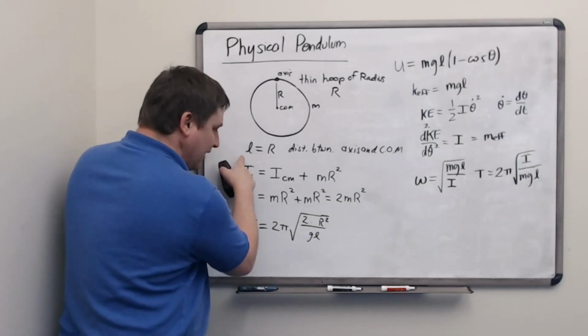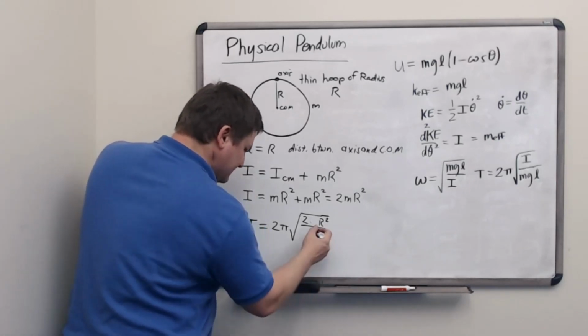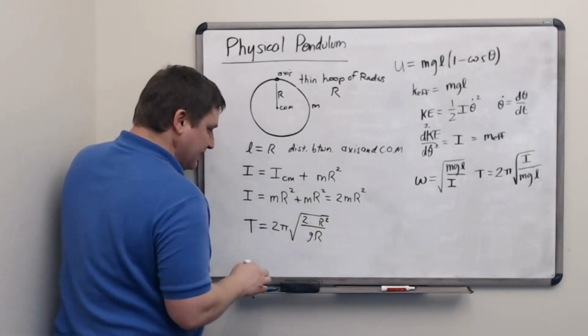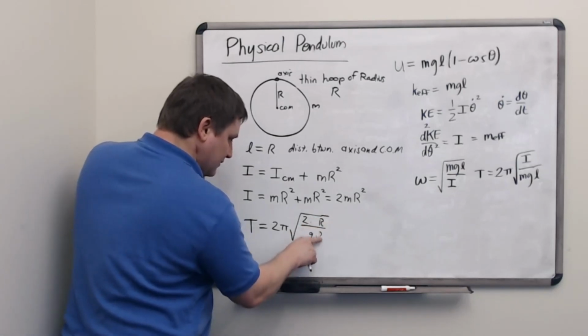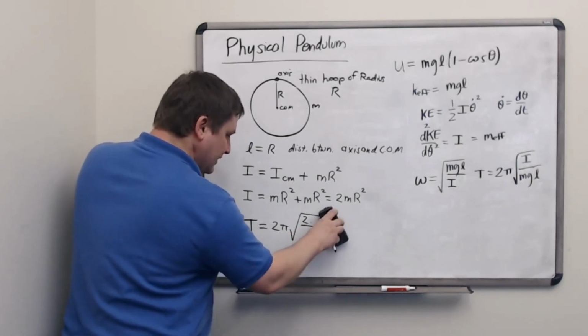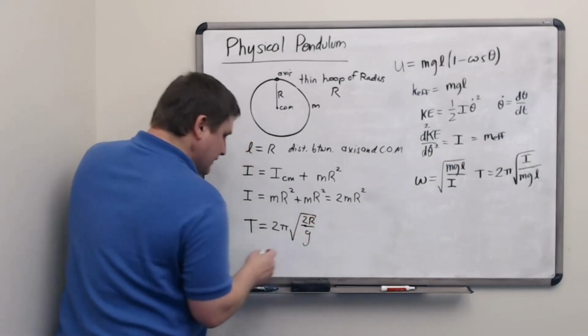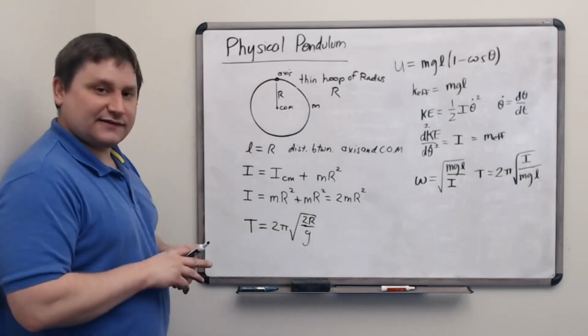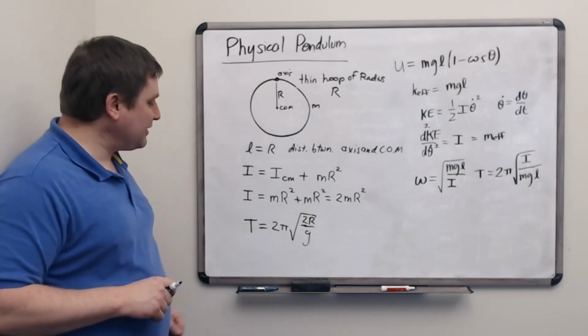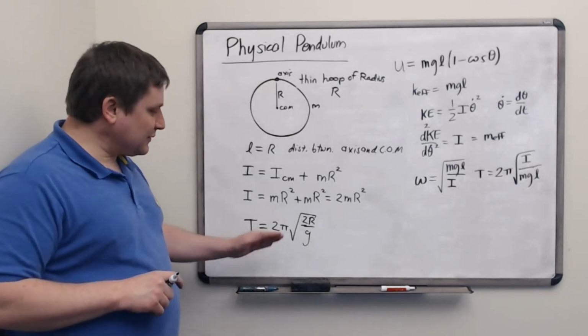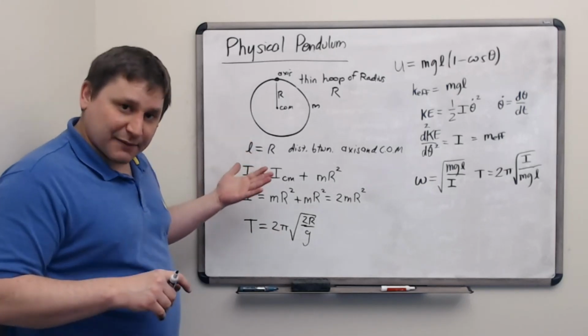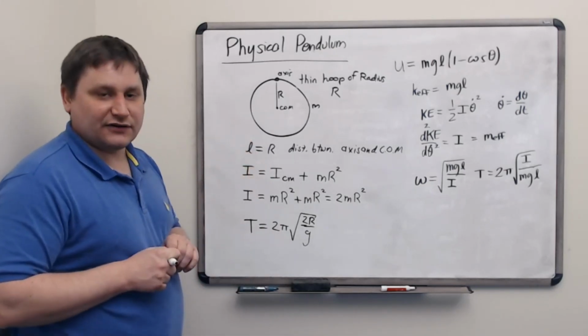The value for L to use was R. And then we can cancel one factor of R. So we end up with a formula here, which I'll clean up a little bit. The period of this hoop swinging on a point on its top is 2 pi times the square root of twice its radius, or its diameter, divided by the acceleration of gravity, g.